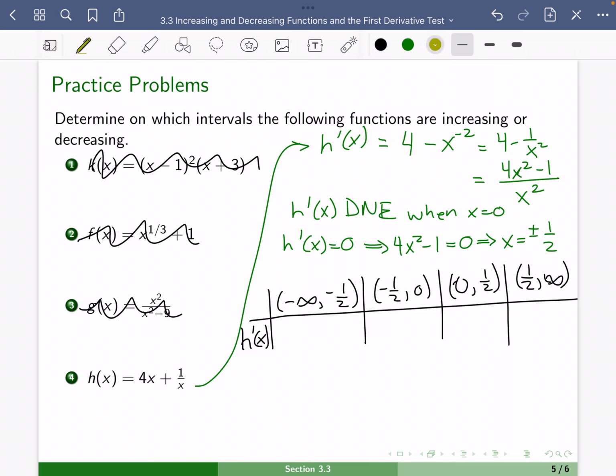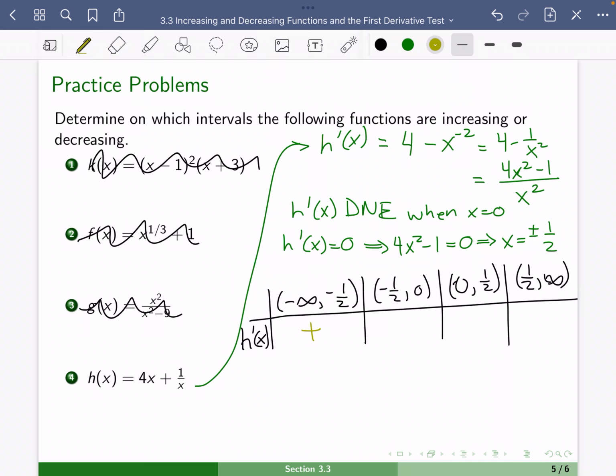So if we plug in a value smaller than negative 1/2 into our derivative, and you can plug it into any representation of that derivative that you might want to use, so negative 1, negative 10, we will find that the output is a positive value.